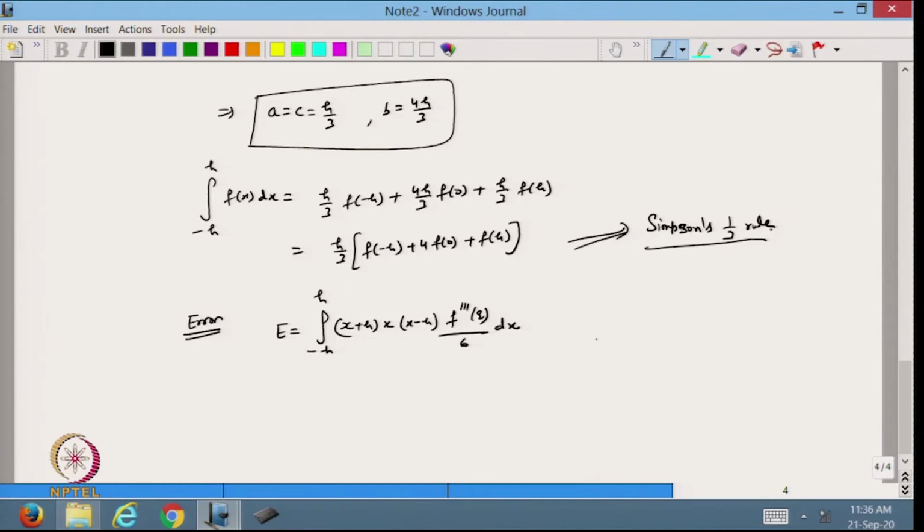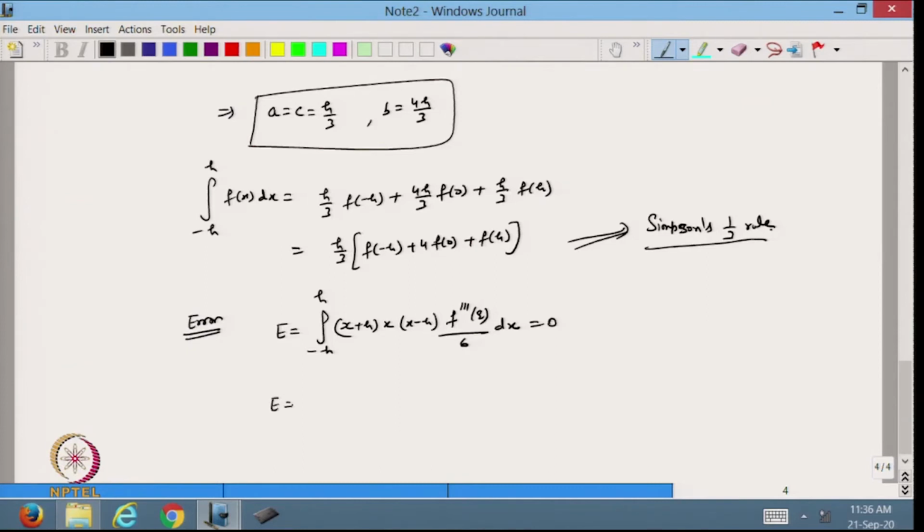Now, if I remember from the Simpson 1/3 rule, then I know that this value is going to be 0, because the Simpson 1/3 rule also gives exact results for a cubic polynomial. So, this will be equal to 0.